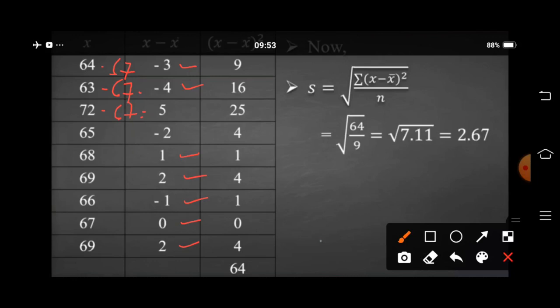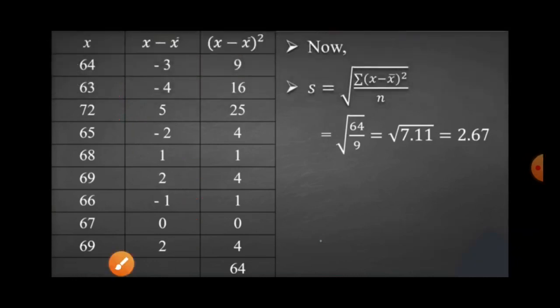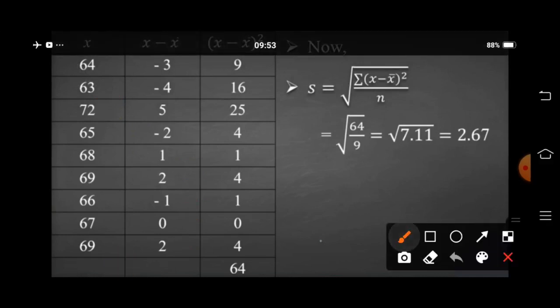Then write down the total, and the square of these. (x minus x bar) whole square: minus 3 square is 9, minus 4 square is 16, 5 into 5 is 25, minus 2 into minus 2 equals 4, 1 into 1 equals 1, 2 into 2 equals 4, minus 1 into minus 1 equals 1, 0 into 0 is 0, 2 into 2 equals 4.